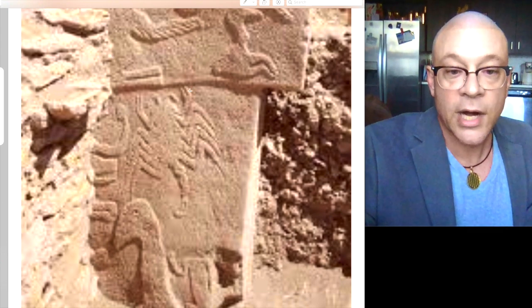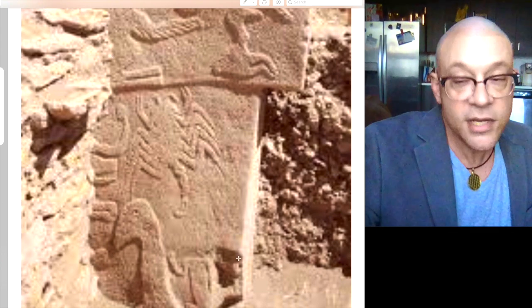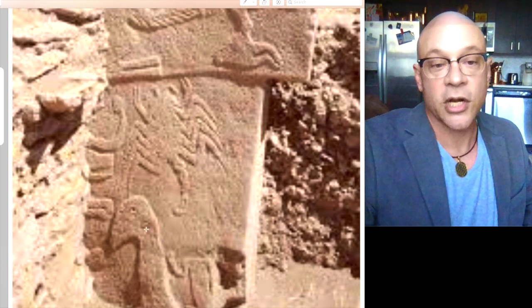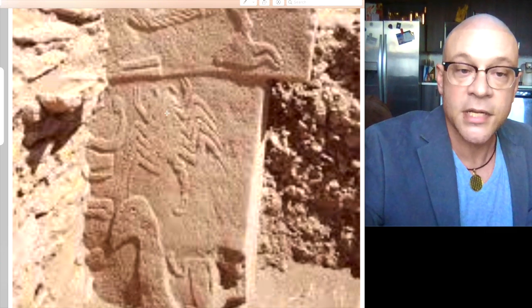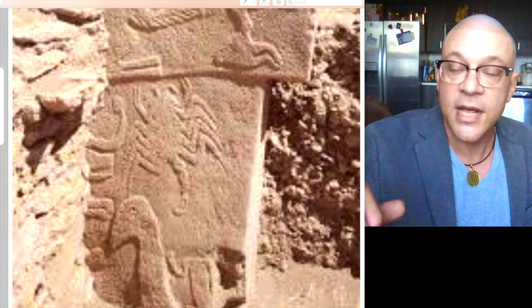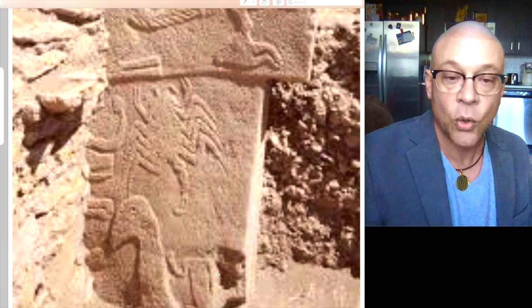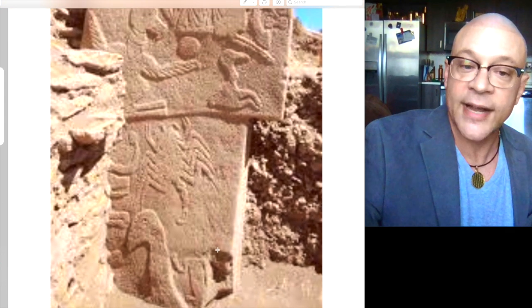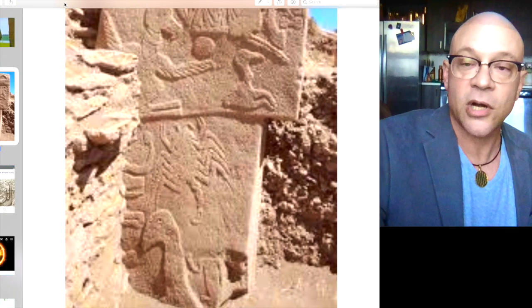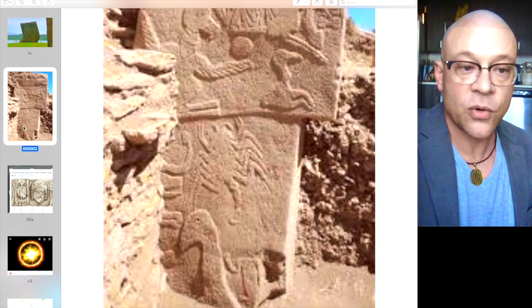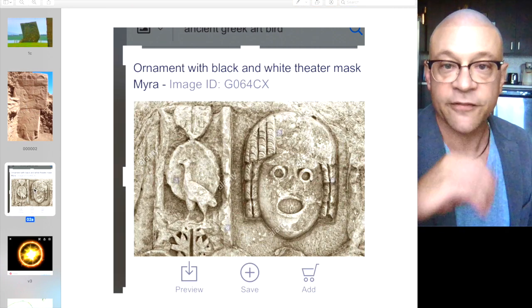Okay, so there's the skull, and we know he's there because this is the star chart, and this is Pavo, this is Indus, this is Scorpio, and down here he would be the head of Ophiuchus, an old constellation, and Ophiuchus has the bright star Rasalhague in his right eye. Also, look, this is from Myra, Turkey.